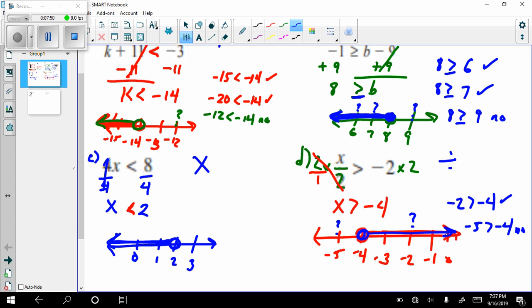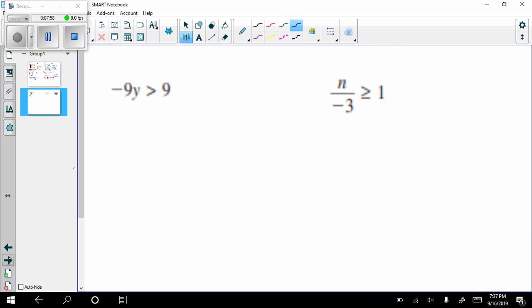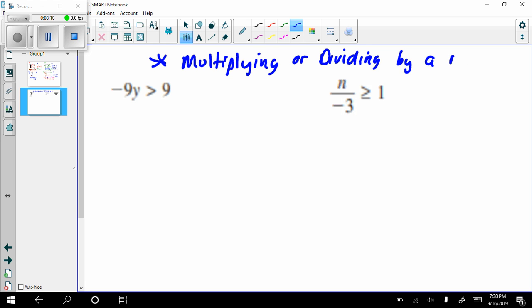Okay, these are our simple one-step linear inequalities. But what happens if we have a special situation? So this is a special situation, and I'm going to do this multiplying or dividing by a negative.